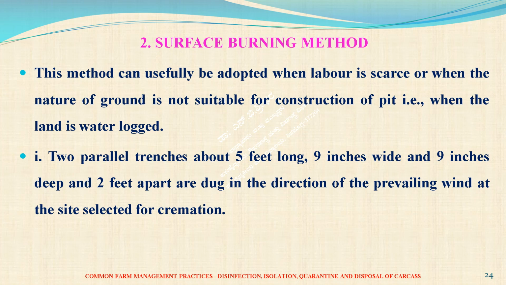Two parallel trenches, 5 feet long, 9 inches wide and 9 inches deep, and 2 feet apart, are dug in the direction of the prevailing wind. Whenever there is wind, the firing will go in the direction of the wind, hence we should dig in such a way that it is in the direction of the prevailing wind.